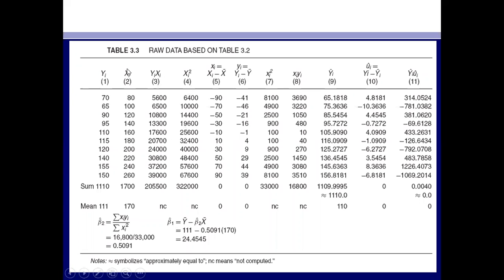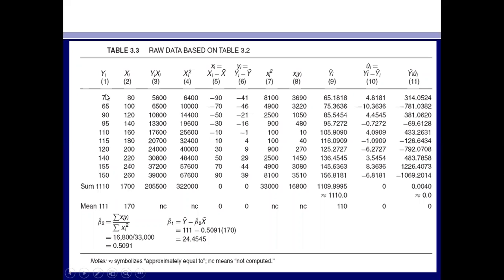So first you have to calculate the mean of the x values, which means adding up all the x values, which comes out to be 1700. This is what we call summation x. Divide this summation x, 1700, by n, which in this case is 10. So 1700 divided by 10, you get 170. So 170 is x bar, the mean of the x values.